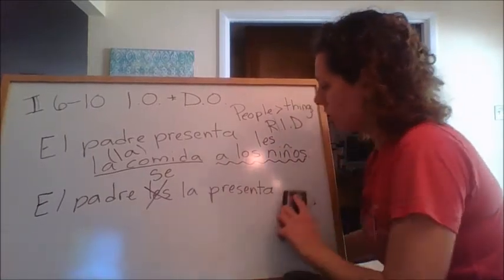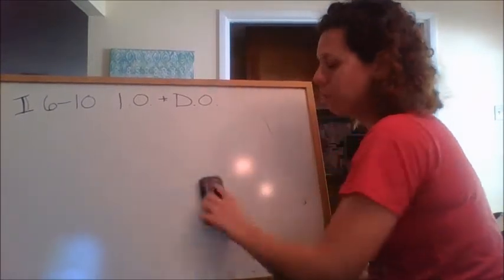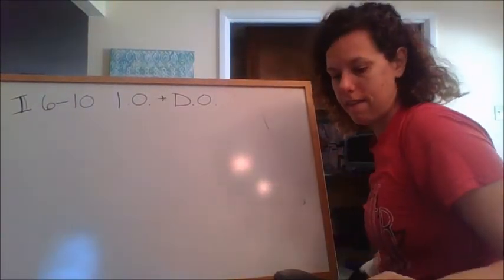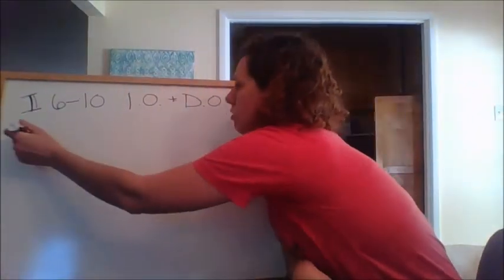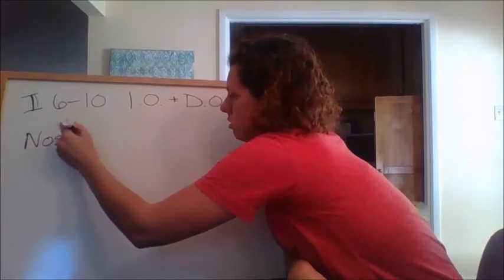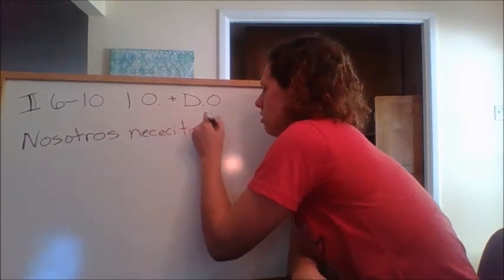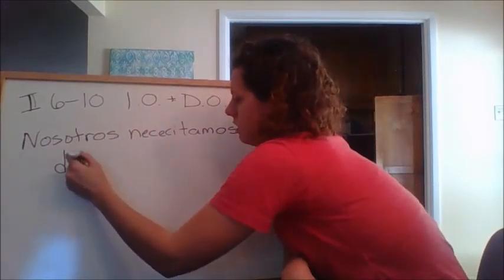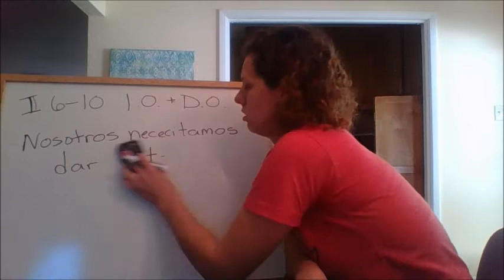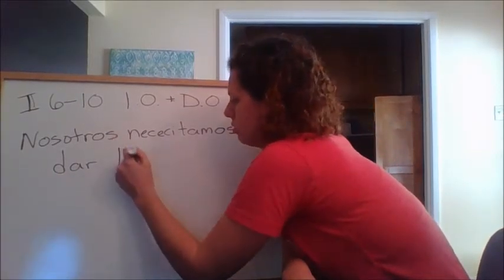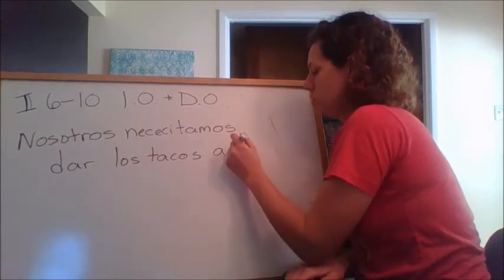Okay. All right, so let's do another example. There are just a lot of parts to this kind of thing. So we could say something like, nosotros necesitamos dar los tacos a ustedes.